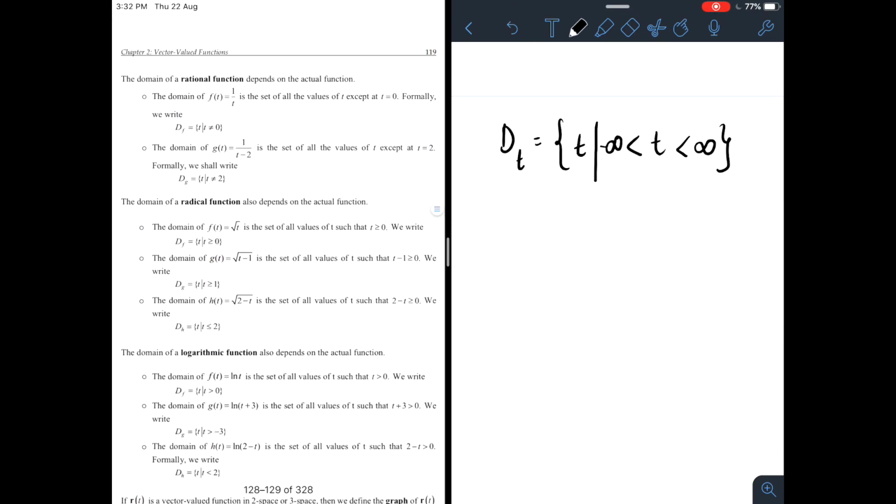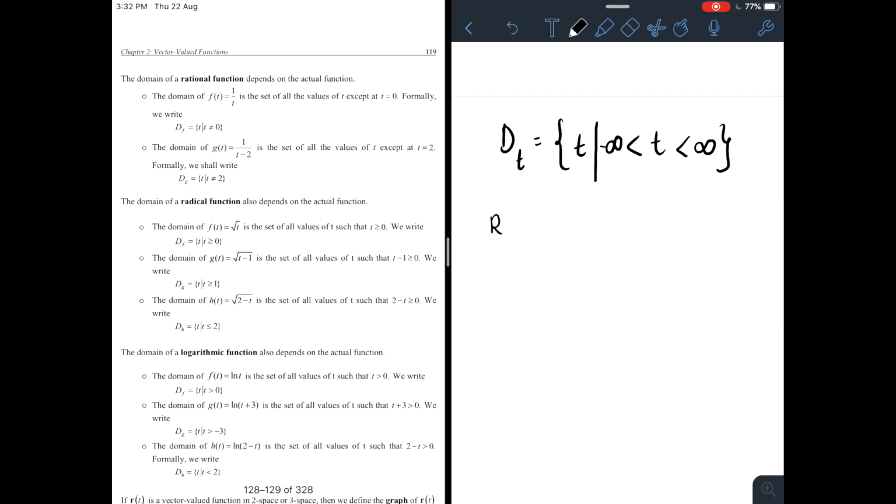We have learned about trigonometric, exponential and polynomial functions. The domain will be from negative infinity until infinity. It means that you can choose any t, and towards the end your function will be defined. So let's take a look at the other function.